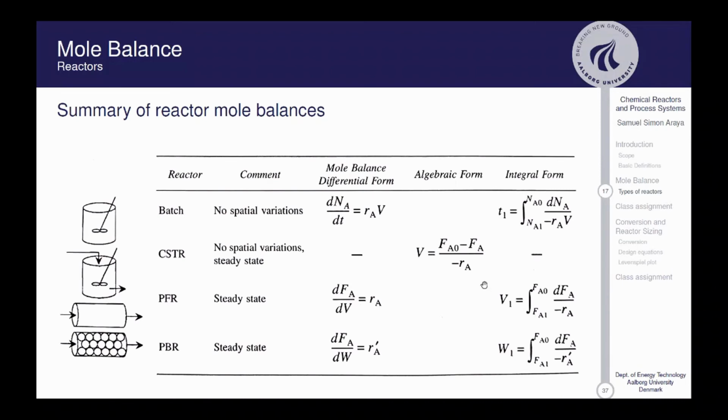And you can see that our volume of reactor is in an integral form, and is basically the integral of the molar flow derivative divided by the rate of reaction of A. And for a packed bed reactor, we will have the same equation, but in this case, we substitute the volume of the reactor by the weight of the catalyst, which is basically the main ingredient that we need for reactions to happen in the case of a packed bed reactor.